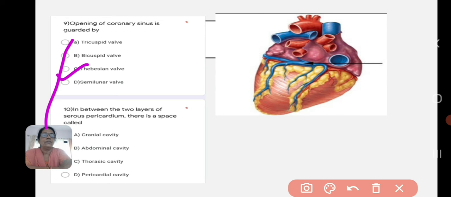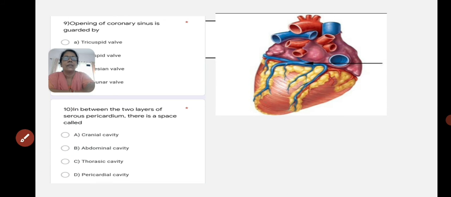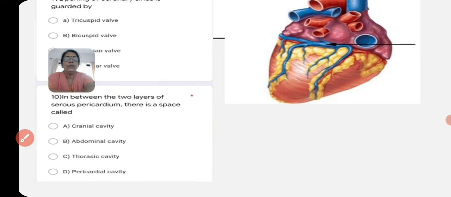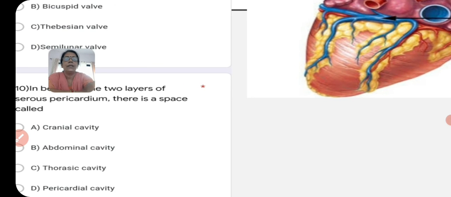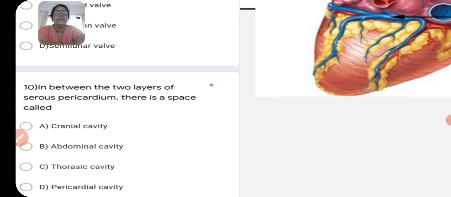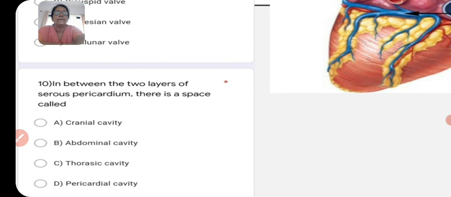Another question is: in between the two layers of serous pericardium, there is a space called the cranial cavity, abdominal cavity, thoracic cavity, or pericardial cavity.